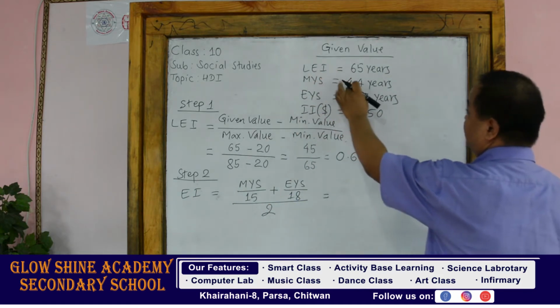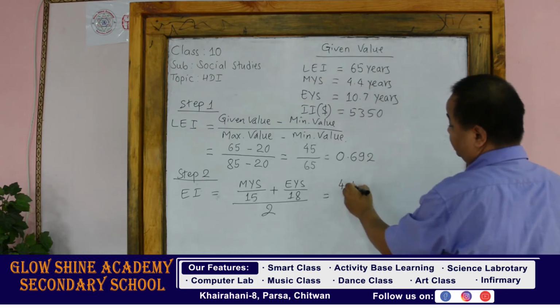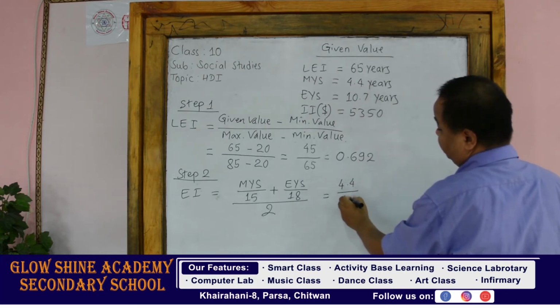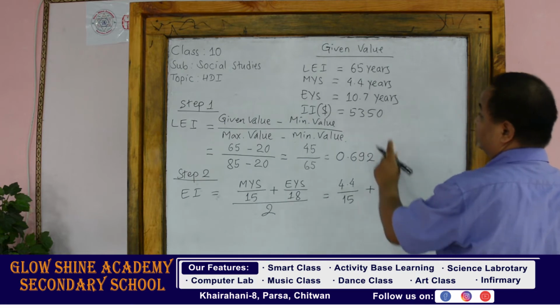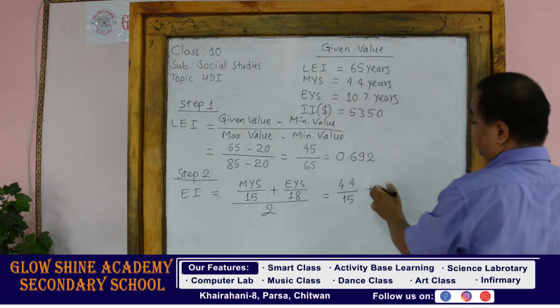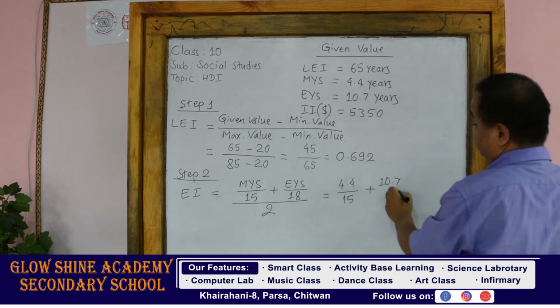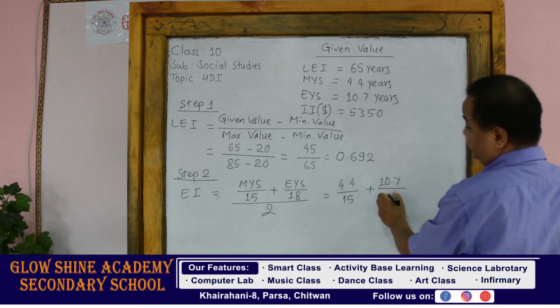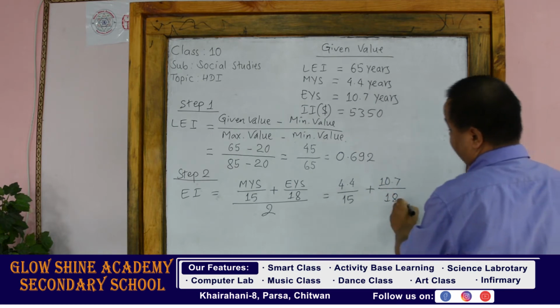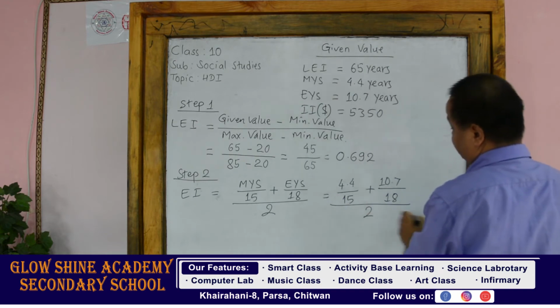Given value is 4.4 divided by 15 plus EYS 10.7 divided by 18, whole divided by 2.